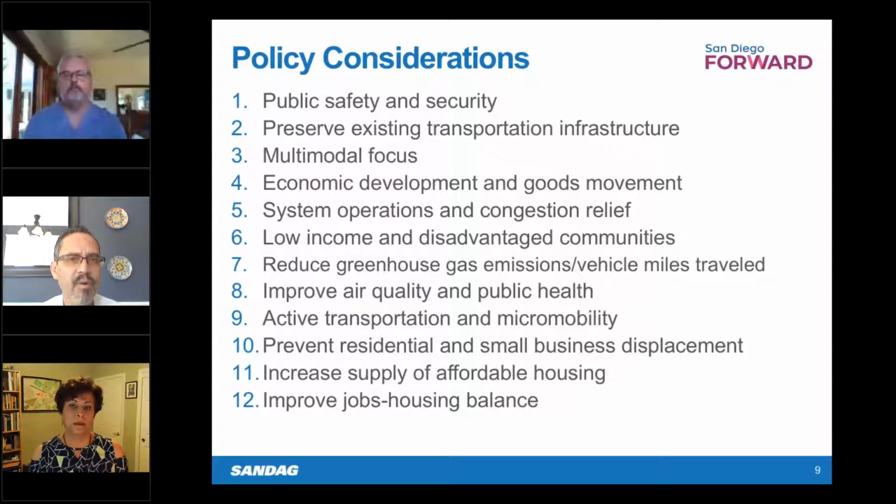But what this does is it develops a framework for what's important for all corridors. And it gives the teams the ability to develop the performance metrics. So they'll be using data and data analysis around these 12 policy considerations to develop the performance metrics for what performs best, what are the best transportation solutions for those corridors.